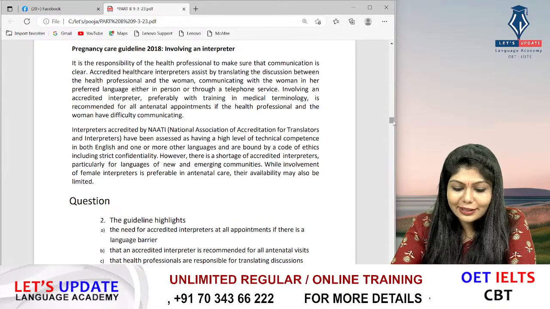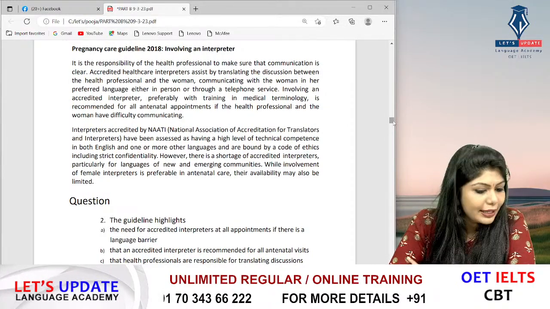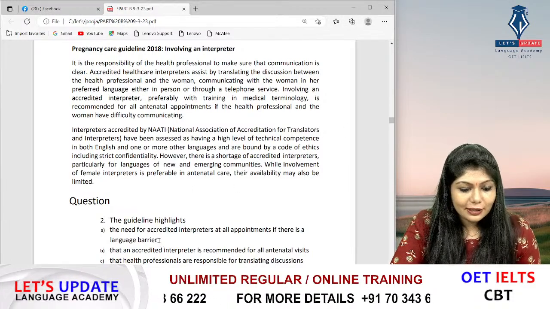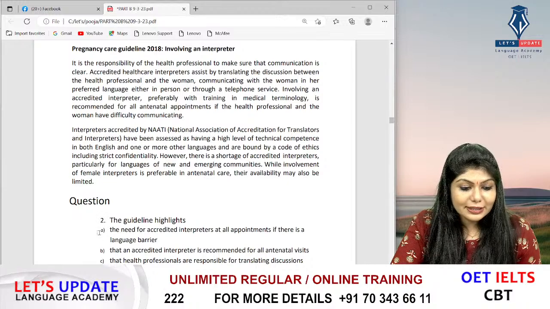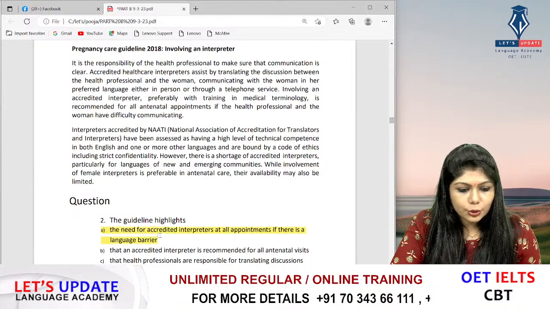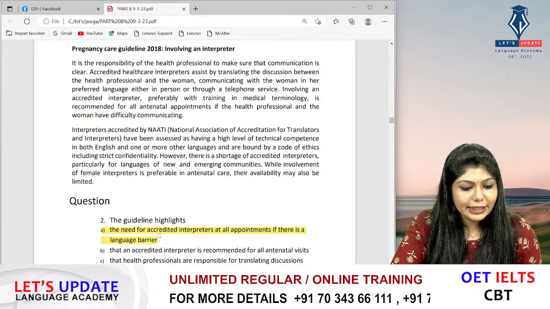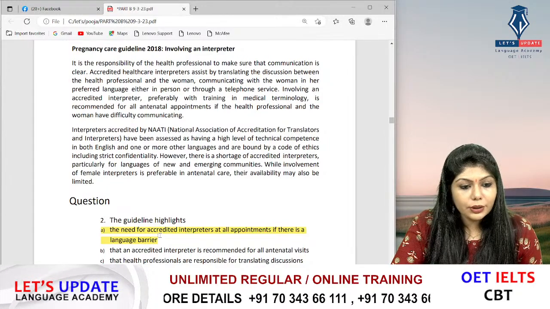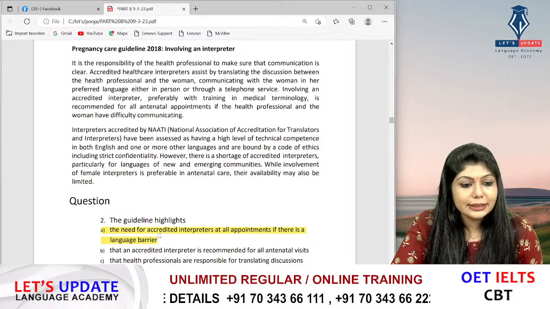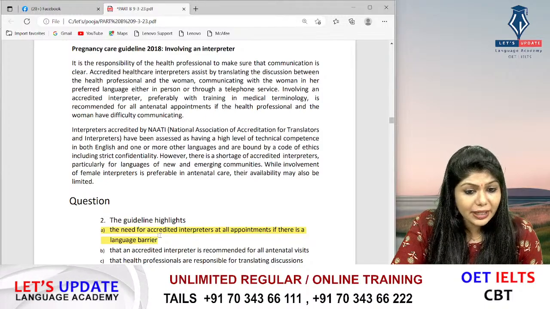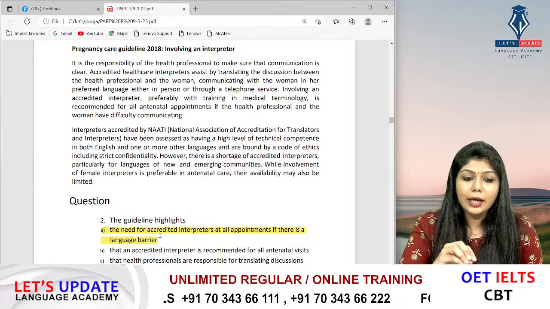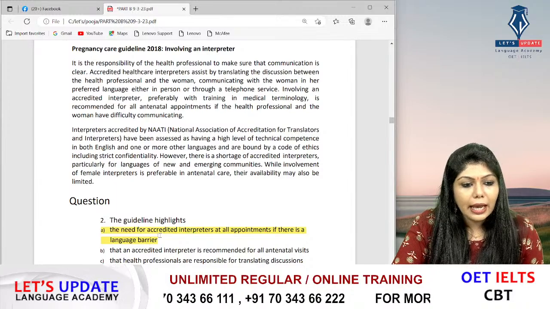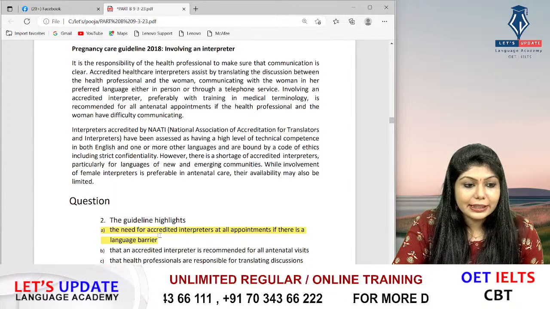Okay, so I guess I'll give you the answer. The correct answer is indeed option A. Good for all those who have answered A. And I'll tell you the reason why it's A. So basically, what is this guideline about? It is telling you that it's the responsibility of the health professional to make sure that communication is clear. The discussion that's happening should be clear and understandable, right?